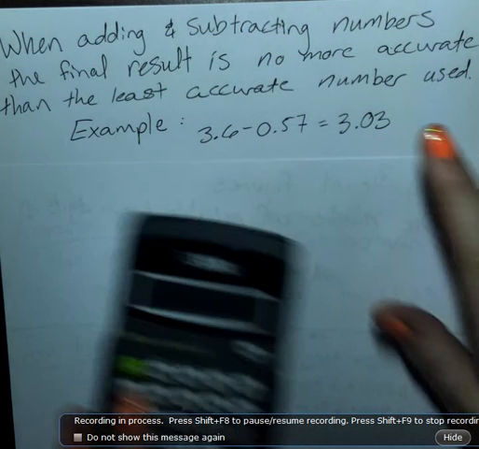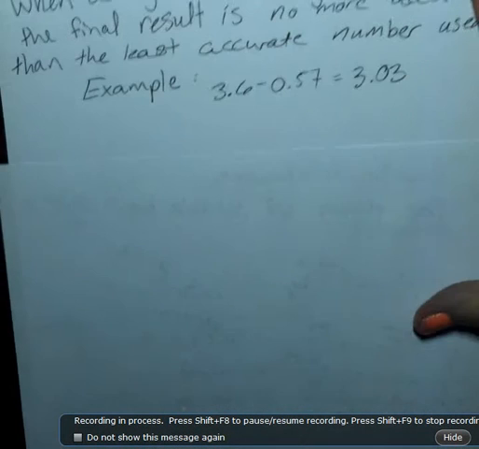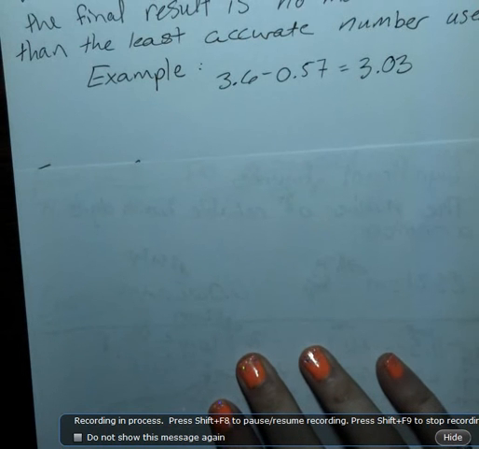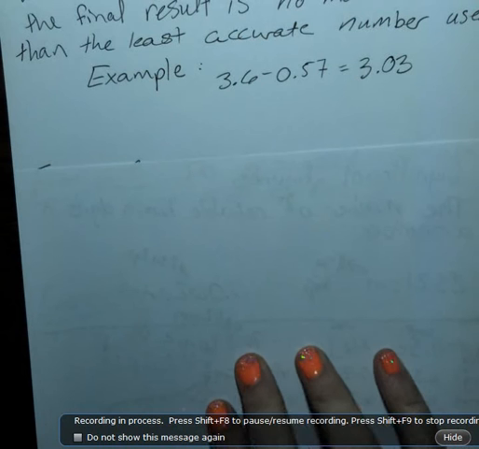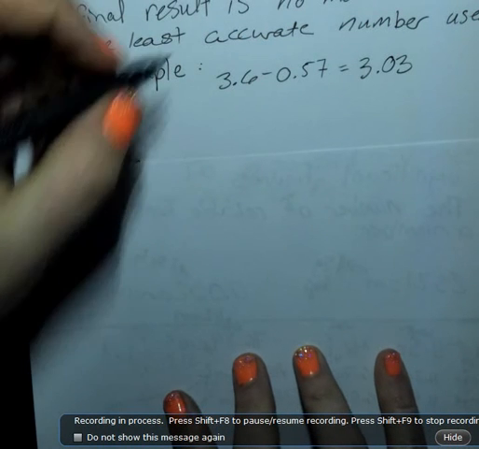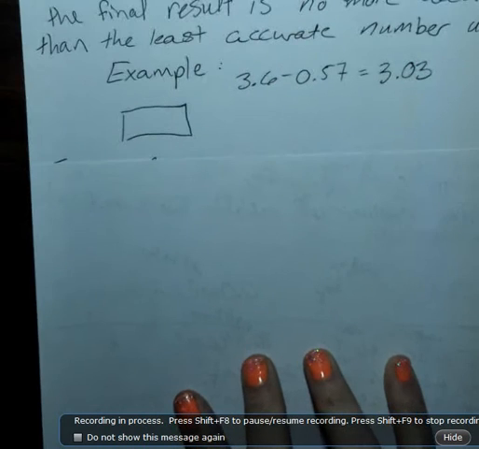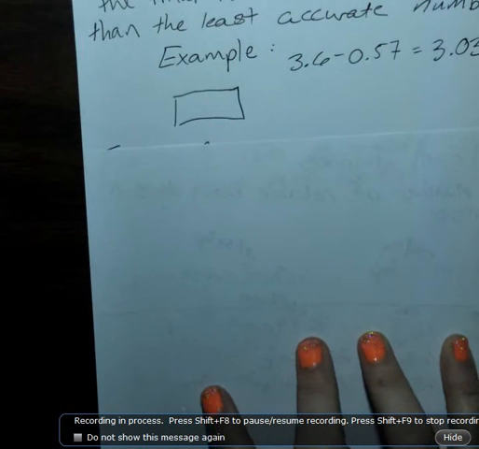We have to compare 3.6 and 0.57, and we have to decide between these two which one is the least accurate. Think about it like looking on a meter stick. And so here's our tiny little example meter stick.